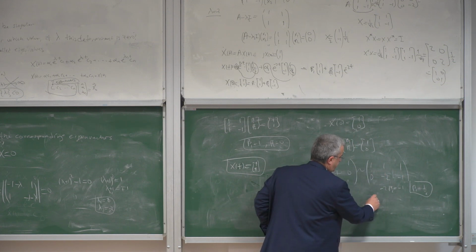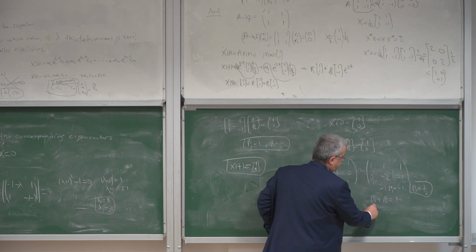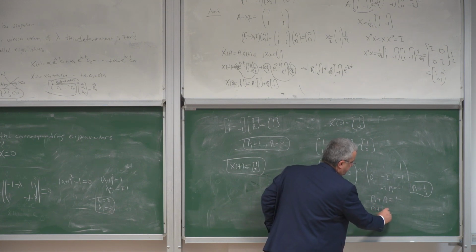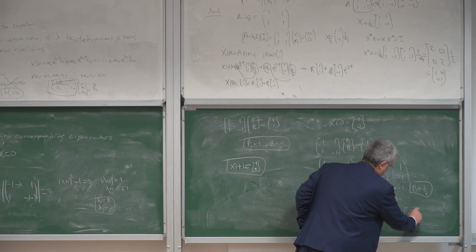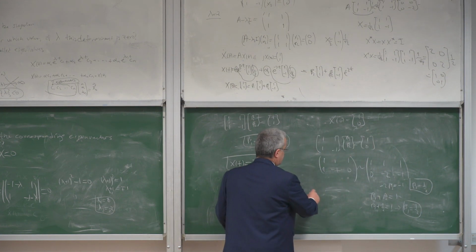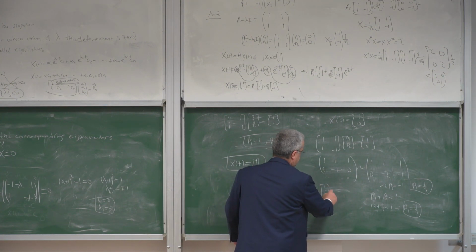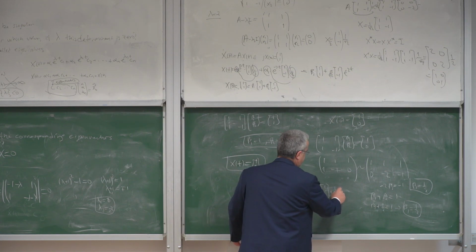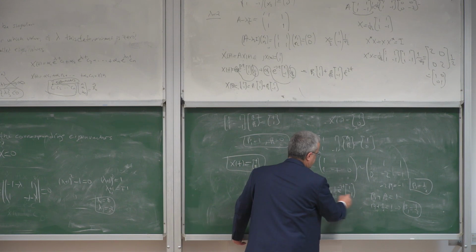So beta 1 plus beta 2 is equal to 1. So beta 1 plus 1/2 is 1. So that means beta 1 is equal to 1/2. So that gives you then x(t) is equal to 1/2 times 1, 1 plus 1/2 times e to the minus 2t times 1, minus 1. Okay?